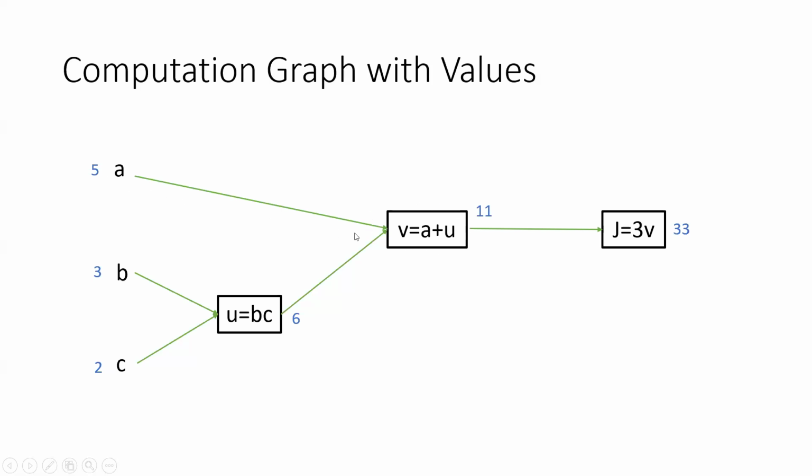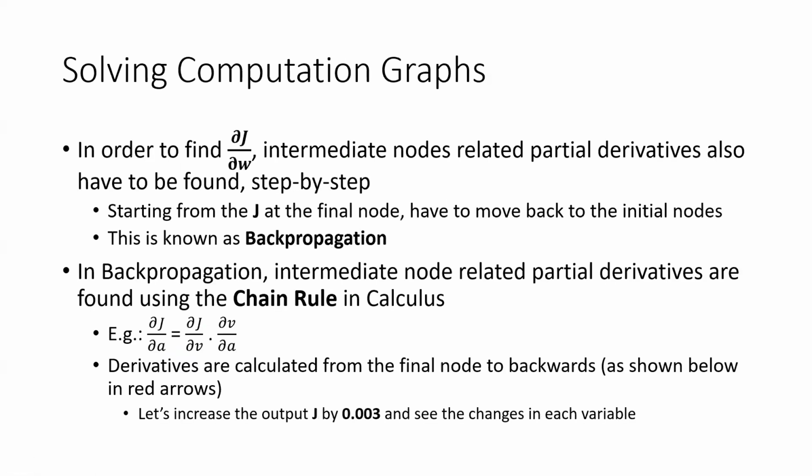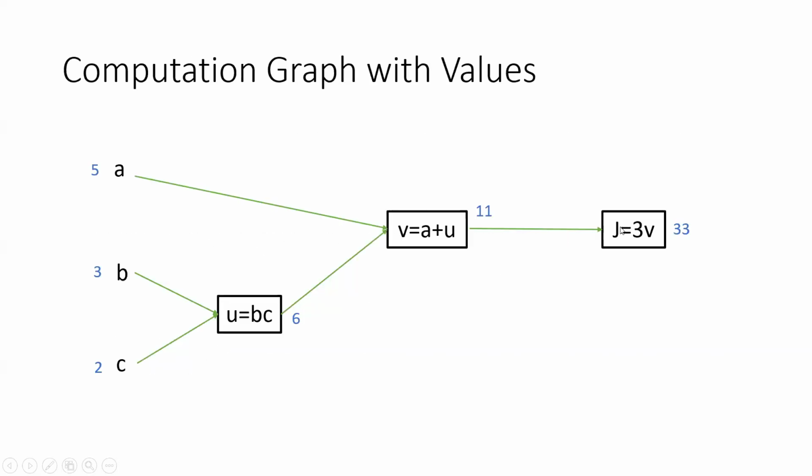Similarly, you can use this as a chain and go to the last node. That is what the chain rule says. Instead of finding ∂J/∂A directly, you can use ∂J/∂V times ∂V/∂A.